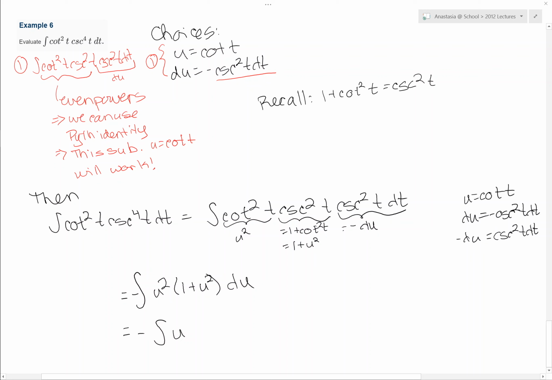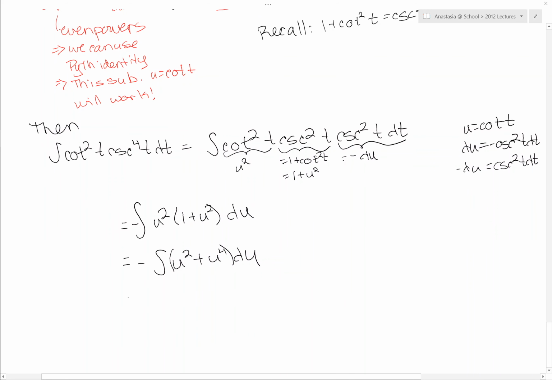Distributing our u squared, we're going to end up with the integral of u squared plus u to the fourth du, and now, like with most of the other trig integrals, we end up with just a couple simple antiderivatives. So we have negative 1/3 u cubed. I'm going to distribute the negative, so we get negative 1/5 u to the fifth plus c.